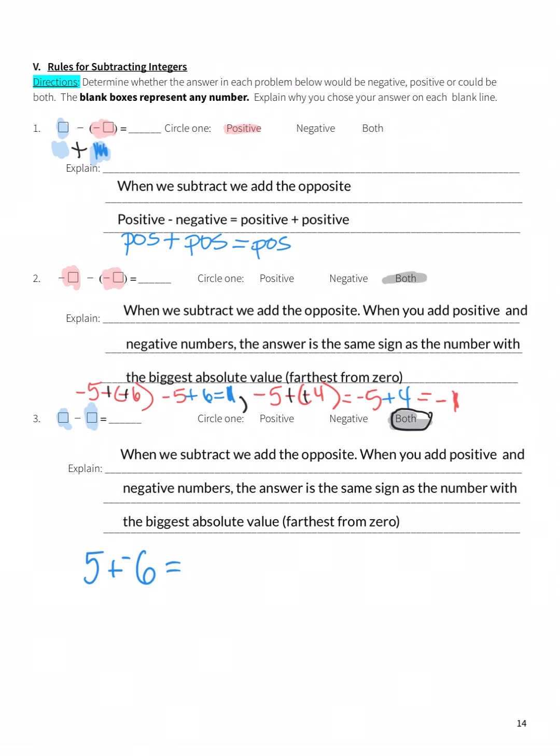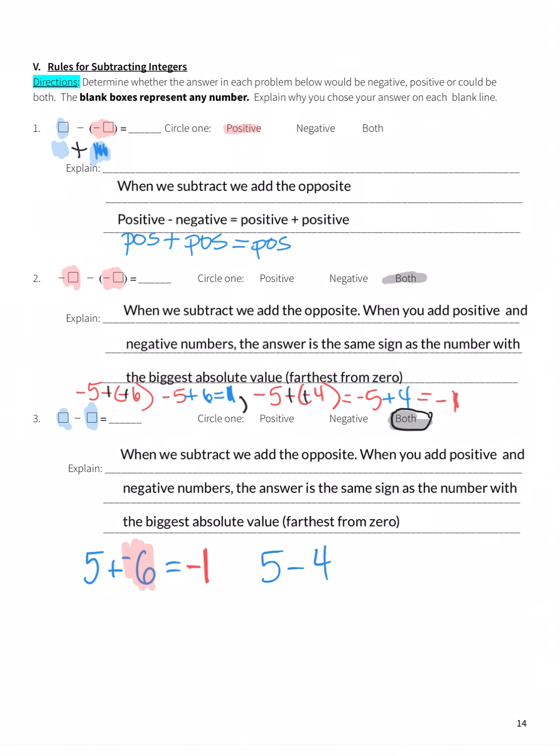Our answer will be -1, because -6 is farther away from 0 than 5. So this number is farther from 0, our negative is, that's why our sign is negative. Our answer is negative.